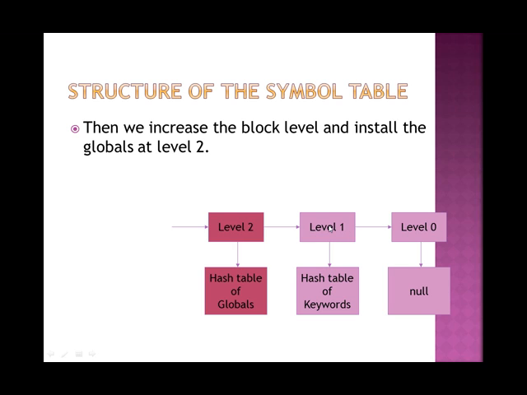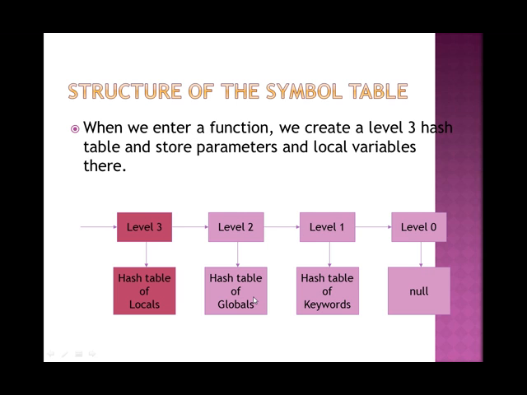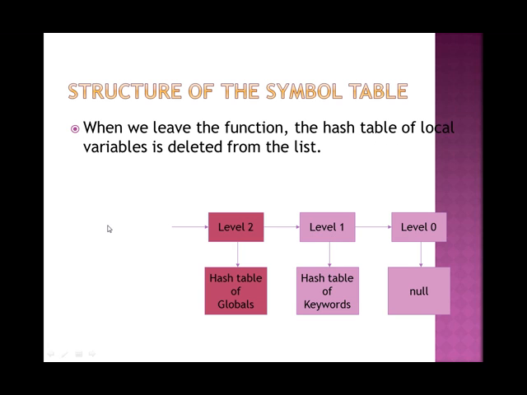In the same way, when we enter a function, we create a level 3 hash table and store the parameters and local variables there. So these are the 4 levels used. Level 0 is used for the starting phase and returns a null value. The other three are block 1, block 2 and block 3.